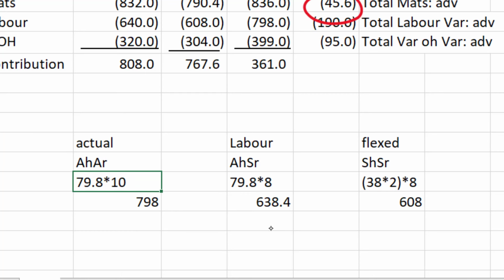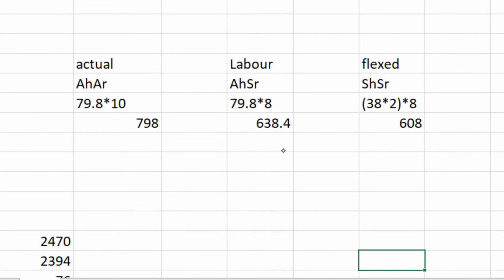Okay, now that we have that, we use the same approach that we did for direct materials. Over here, it's efficiency. And we can say, when we produce 38,000 units, we should use 608 worth of labor.